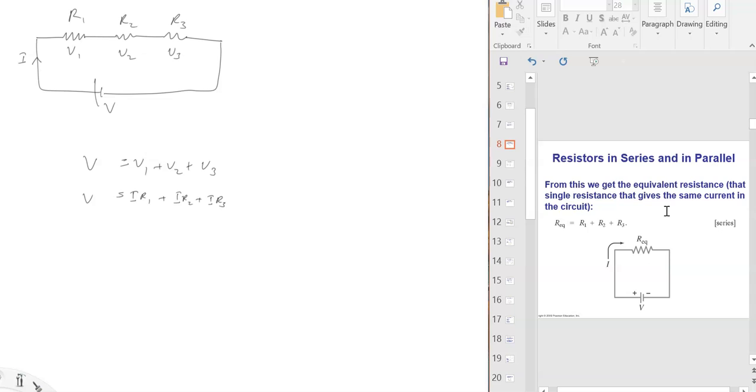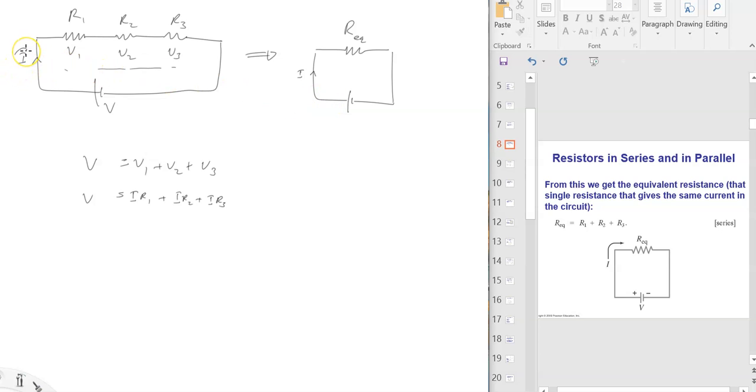So if we say the total resistance of this entire thing, these three resistors, we can replace all that with a single resistor. We call it R total or R equivalent, and then connect that to the battery. The current in that circuit will be the same current, right?